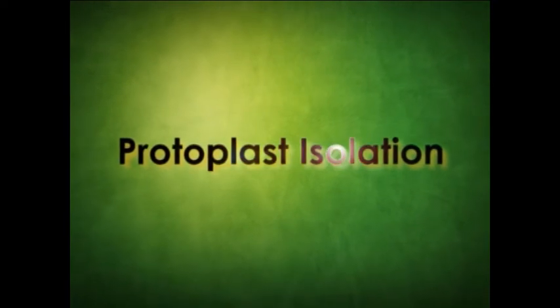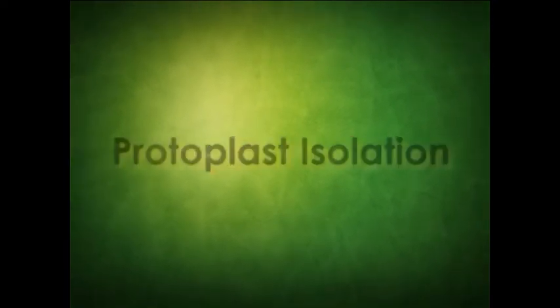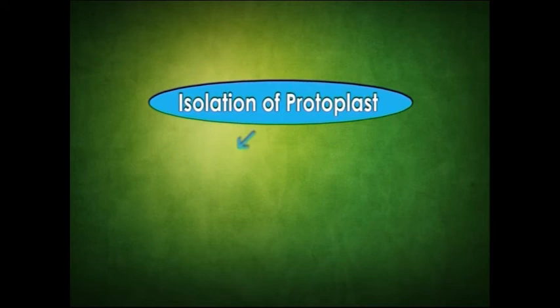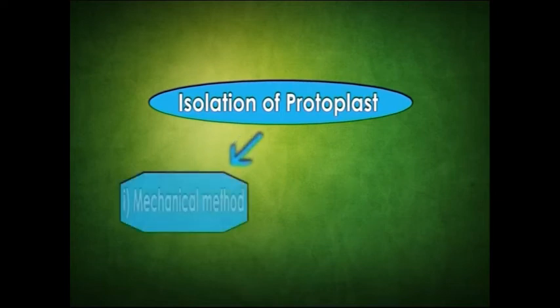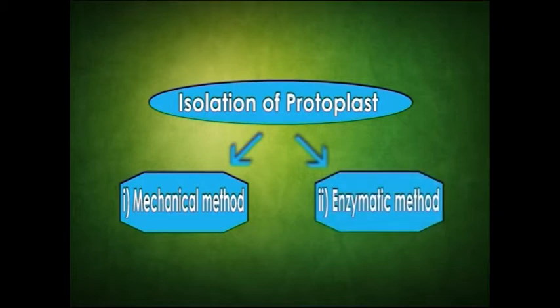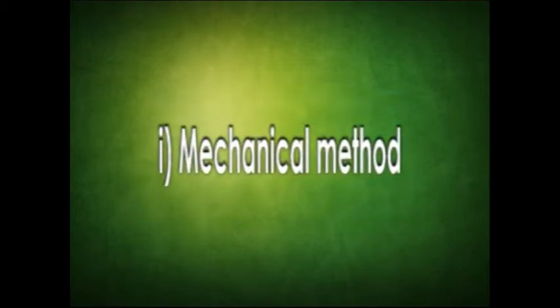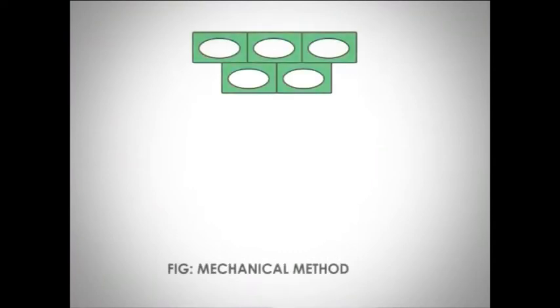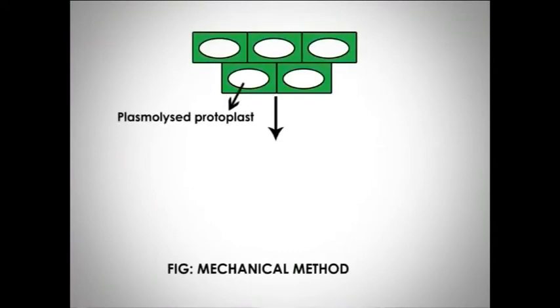Now, let us take up protoplast isolation. Protoplasts from plant tissues can be isolated by employing either mechanical or enzymatic methods. First, let us take up the mechanical method. The cells are first plasmolyzed by subjecting them to plasmolyticum treatment.